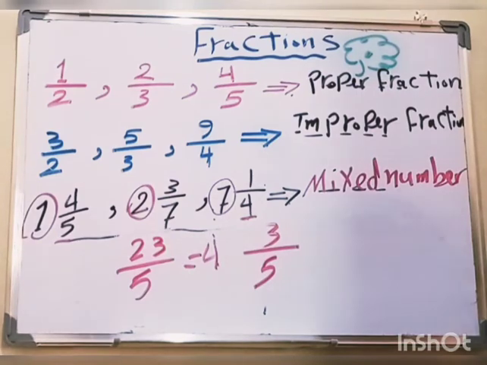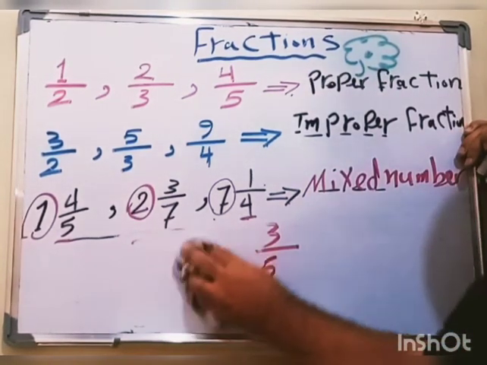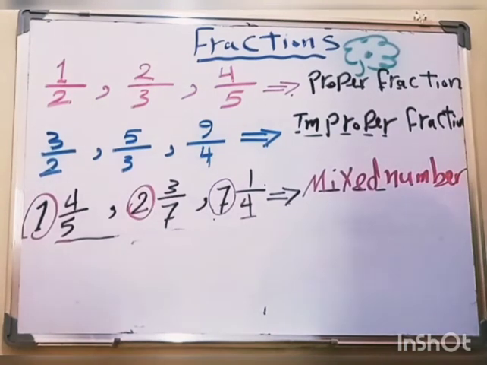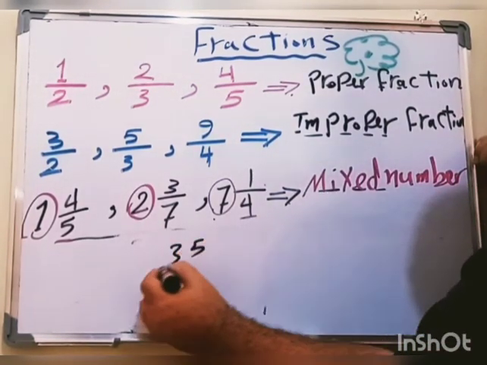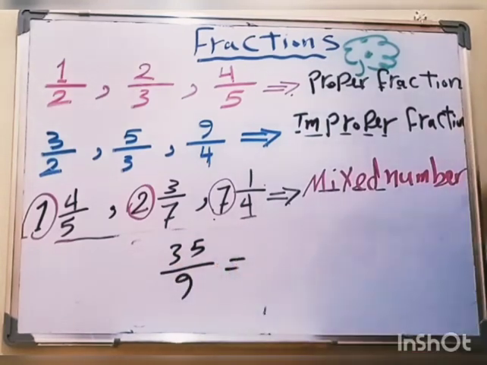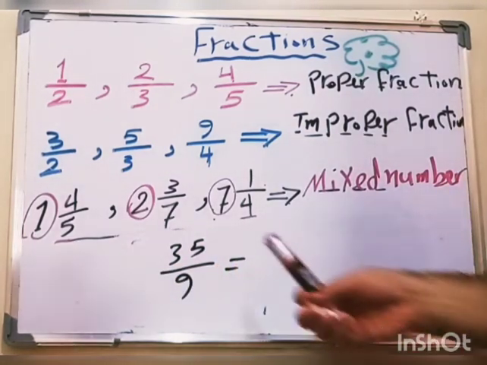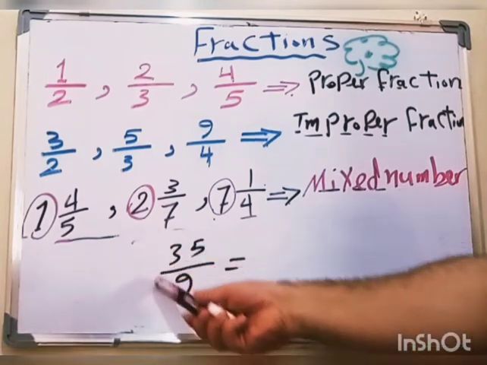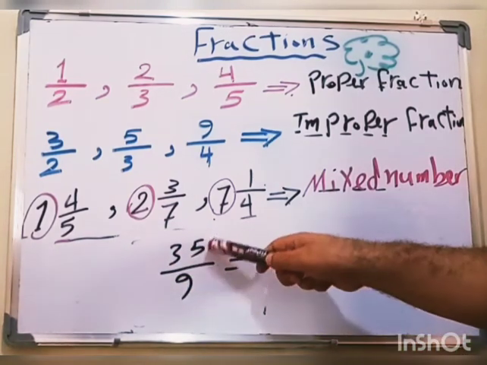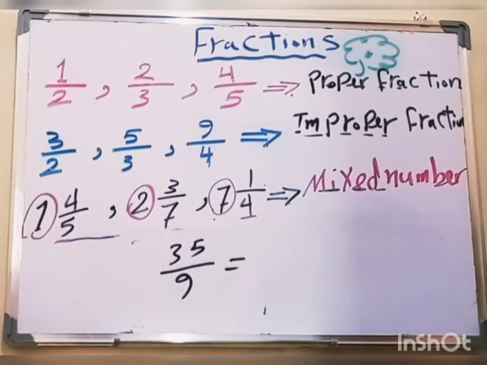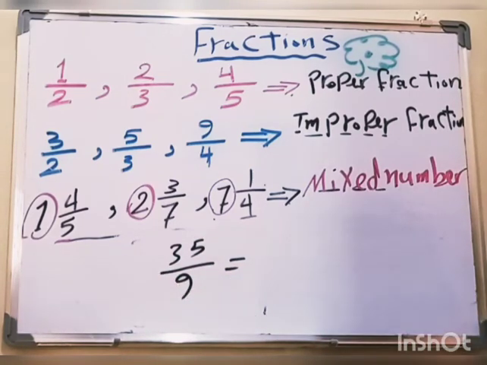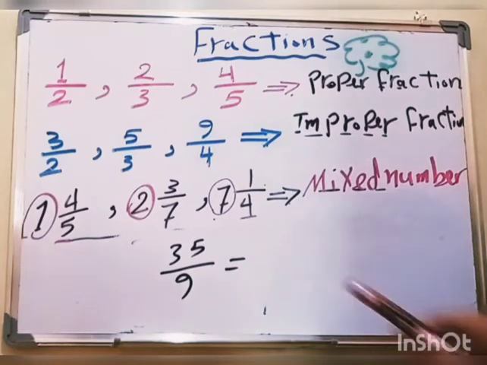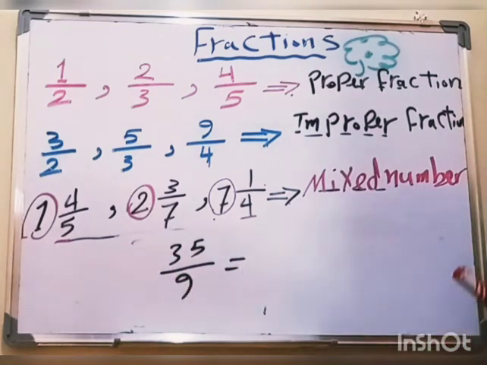Let's move to another example. 35 over 9. 35 over 9, we know that this is called an improper fraction. Why? Because the numerator is bigger than the denominator. What can we do now? We want to change an improper fraction to a mixed number.